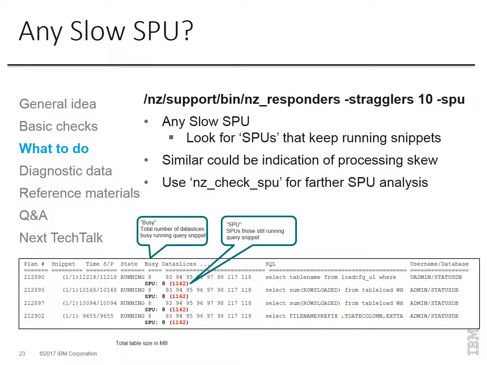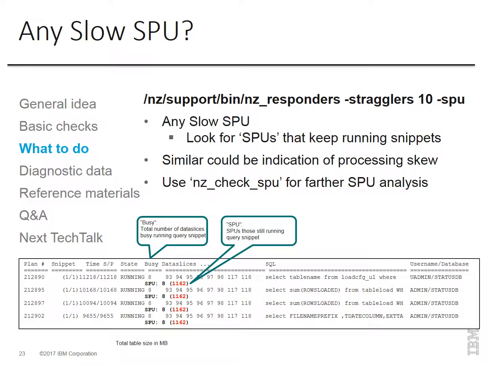You can use the nzresponders script to check if a SPU might be having issues. Use the SPU parameter to show the SPUs and associated data slices that are struggling. Just like the previous slide, if you see the same SPU keep showing up in this output, it indicates a particular SPU is running slow compared to other SPUs.